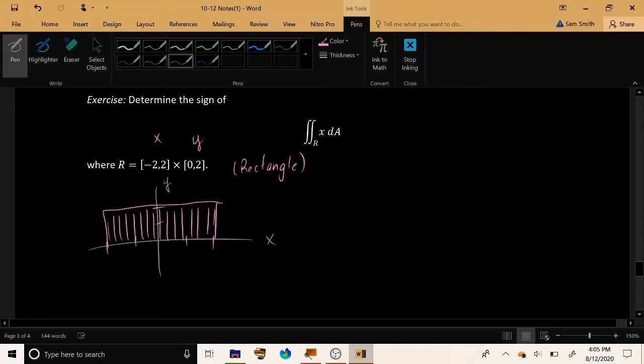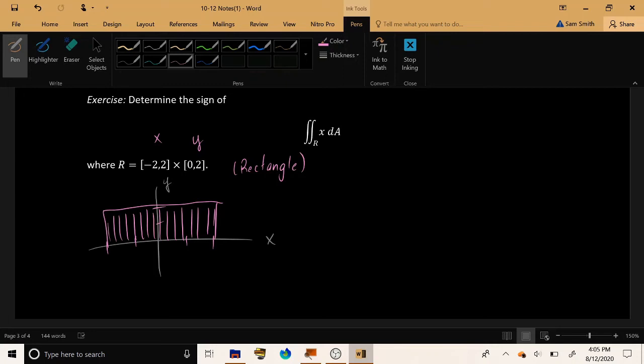Now there are a few different ways that we can approach this problem to determine the sign of the integral of x dA over this particular region. One technique, for example, would be to estimate its value by using rectangular solids like we did in the previous example. But that method took a little bit of time, and perhaps there is another way to think about it.